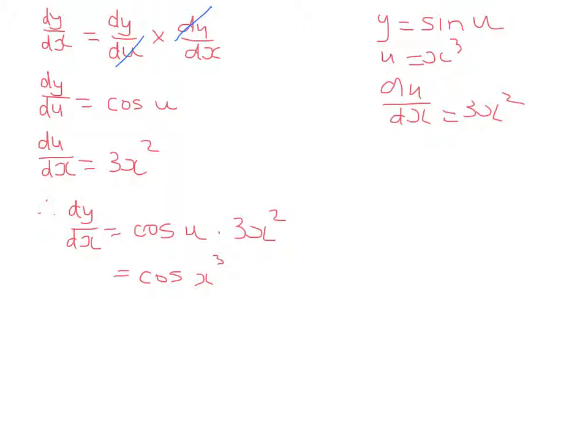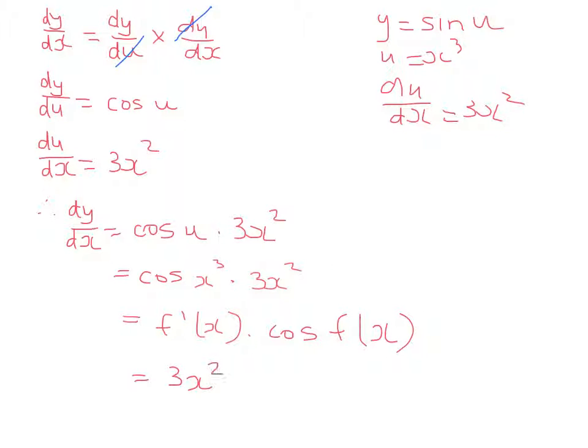So it's cos of x cubed times 3x squared. And that follows my rule from before. My rule was f dash x times the derivative of sine, which was cos, and then rewrite f of x. F dash x was 3x squared times cos, and f of x is x cubed.